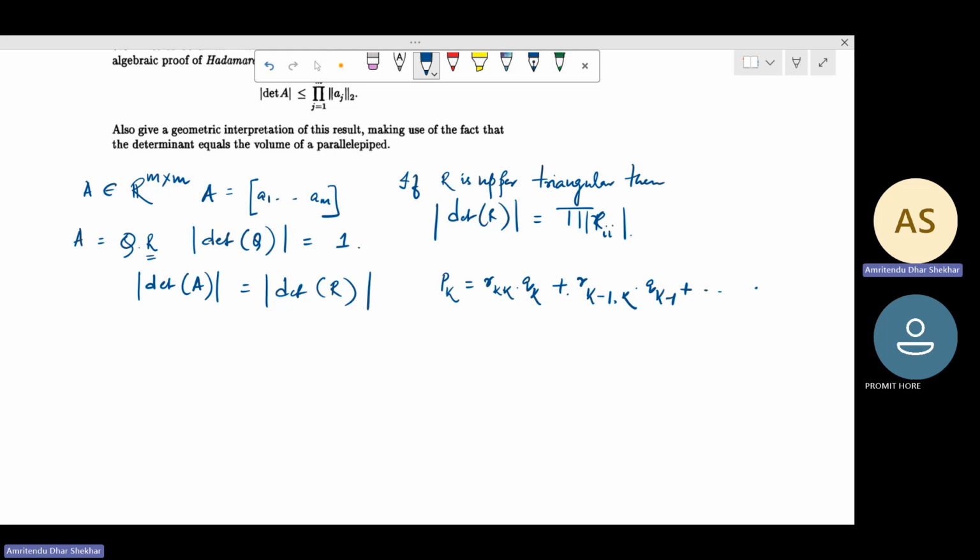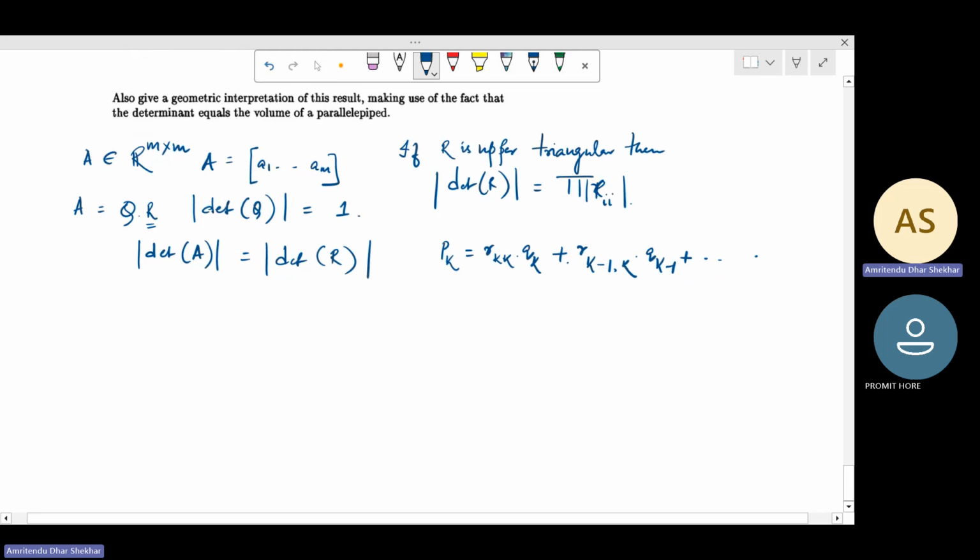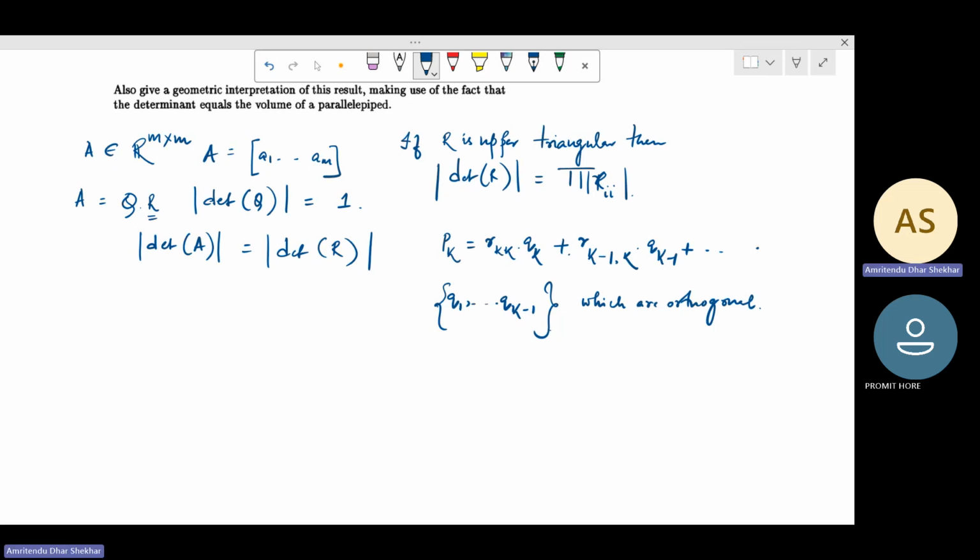Basically what you're doing in this process is as follows. You have computed a series of vectors q1 up to qk-1 which are orthogonal, and let's define the subspace Qk-1 as the span of these vectors.